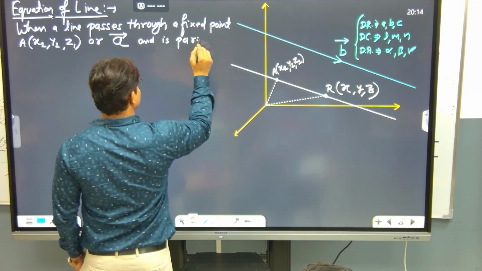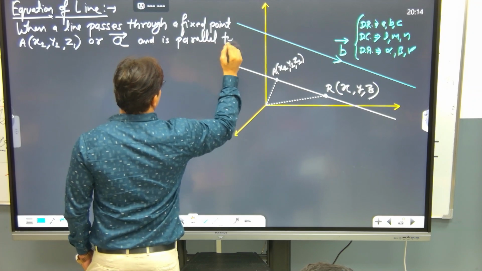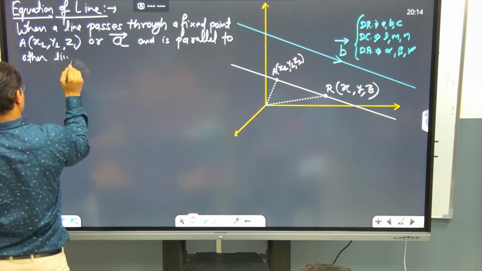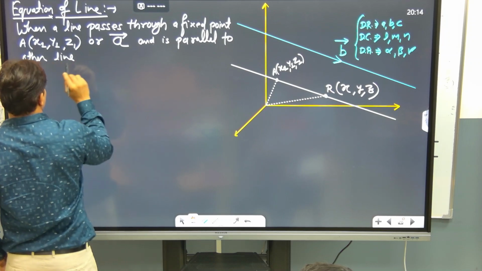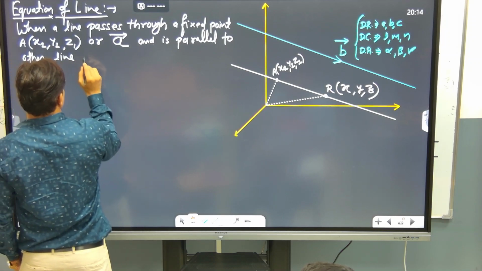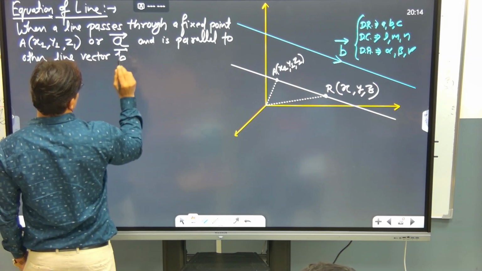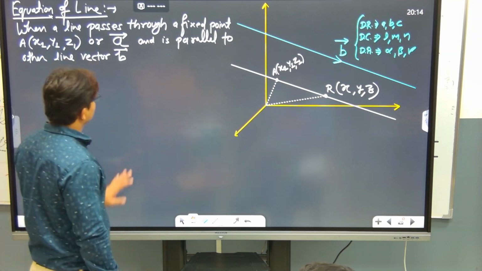And is parallel to another line, vector B. Again in this case we have 2 or 3 types of case.